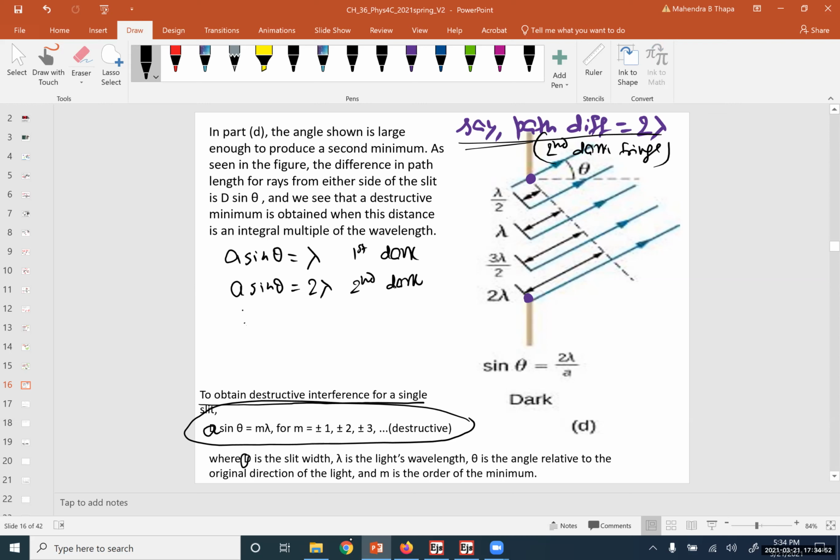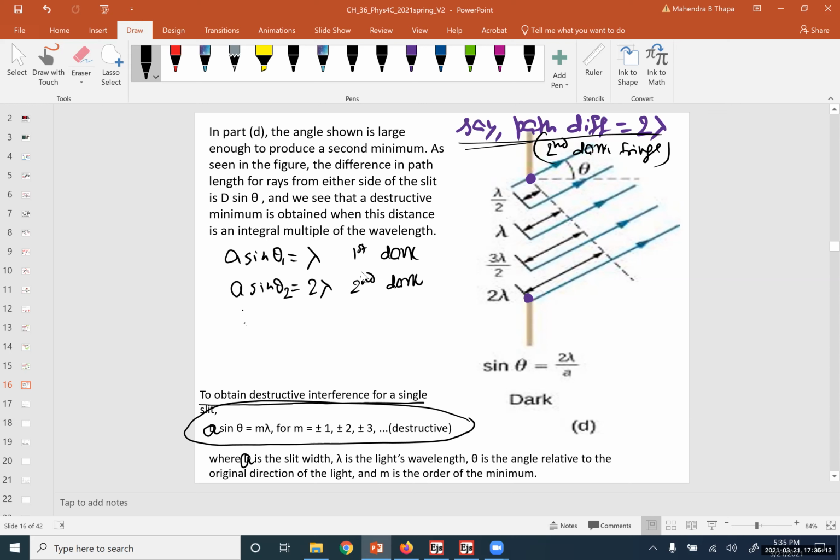Here A is the slit width, lambda is the light's wavelength, and theta is the angle relative to the original direction of the light. So this angle we can say theta 1, this angle theta 2, they are all different.